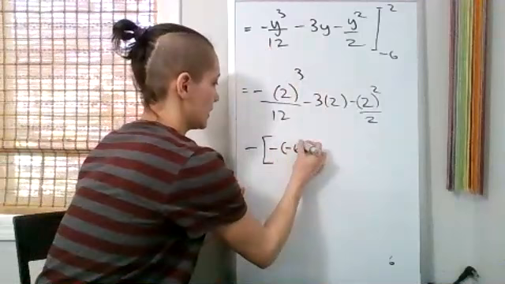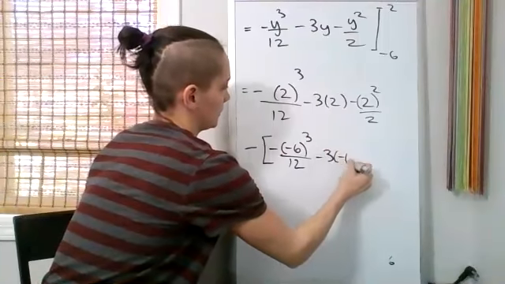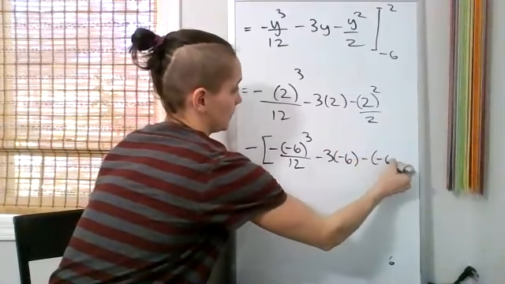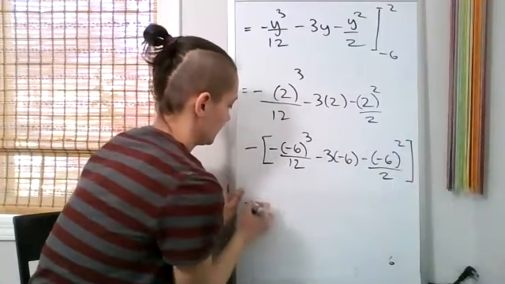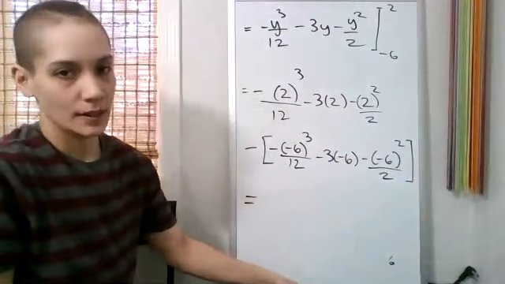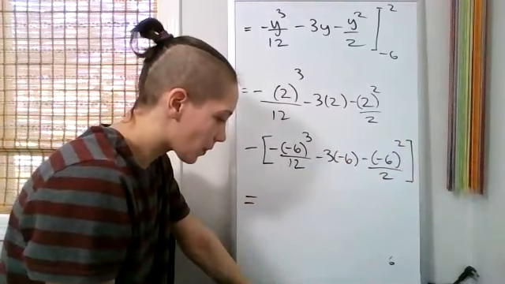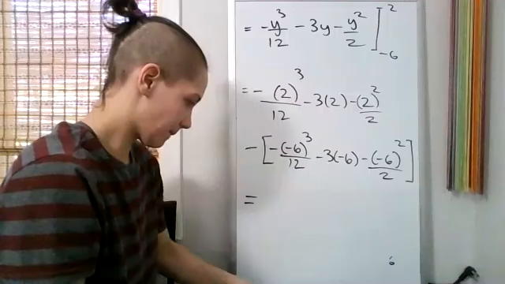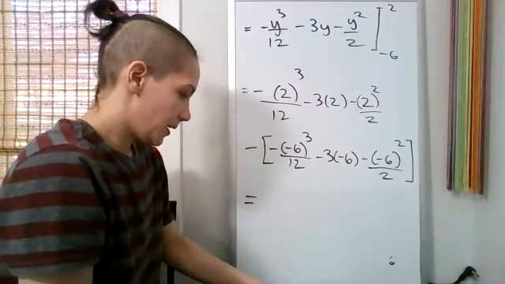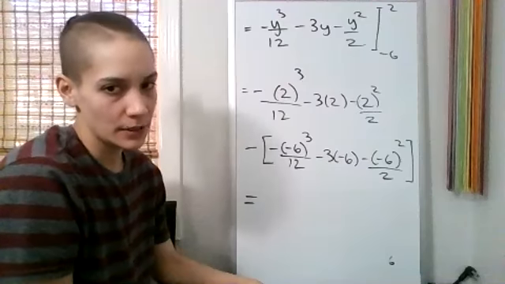Negative of -6 cubed. Okay, let's see. I'll just write down all the scratch work I have.